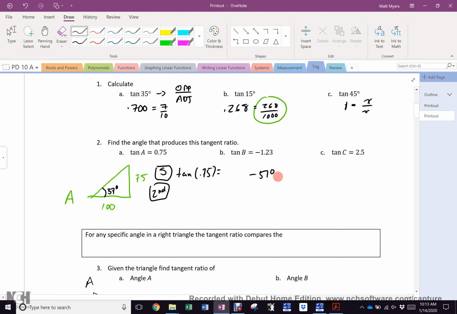The triangle moves around. That would be 51 degrees, and that would have 123 over 1,000. If I move the triangle down here, that 123 becomes negative 123. Picking up what I'm putting down?